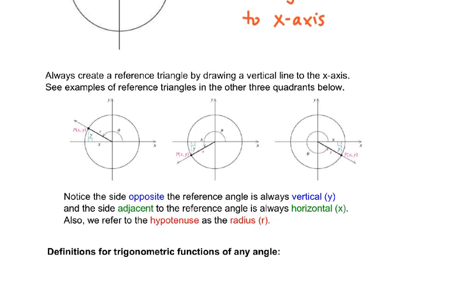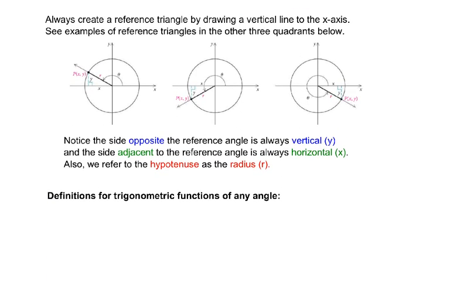So just to re-specify, we always create a reference triangle by drawing a vertical line down or up to the x-axis. So you can see in each of these three other quadrants, quadrant 2, quadrant 3, and quadrant 4, our reference triangle is in relation to the x-axis. Never draw the horizontal line.